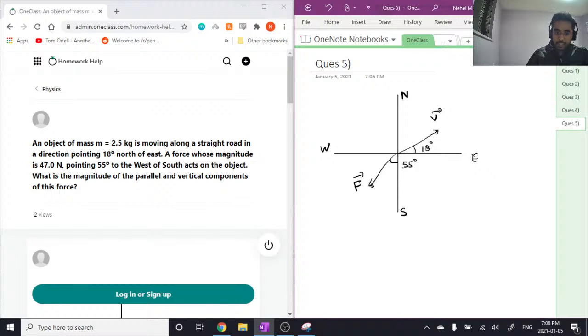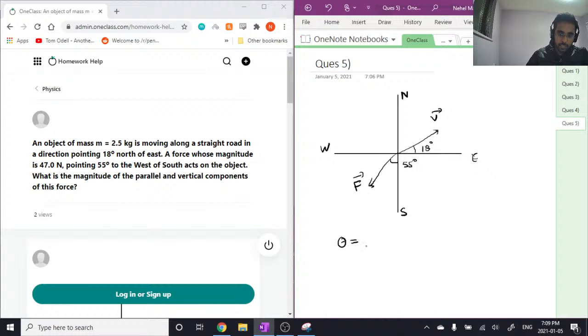Essentially, the reason I'm saying that is we won't use this 55 degrees in order to compute the components. This is actually at an angle of 55 plus 90 plus 18 degrees with respect to the object. That's the force which is being applied, and we would have to use that in order to calculate the forces on the object.